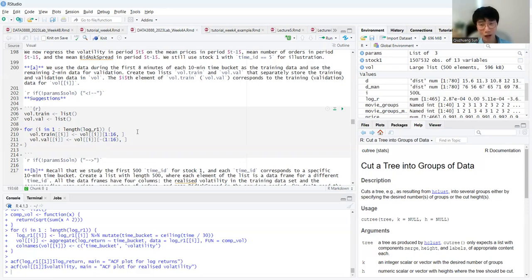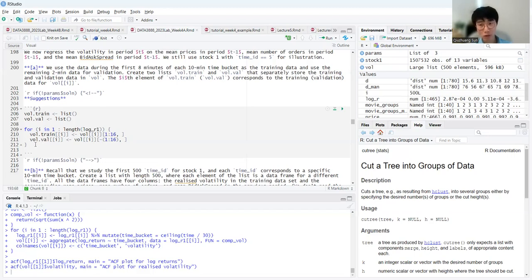So let's look at how we do it in R. First, remember, this is a time series analysis. We need to split the data set into two parts, the training data set and the validation data set. We only use the training data set to train the model, the linear regression model or the HAR model, ARMA model.